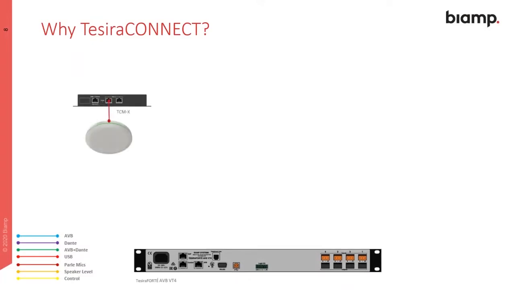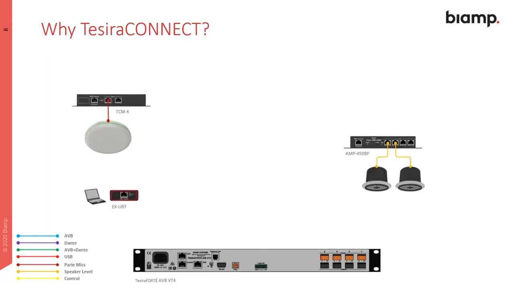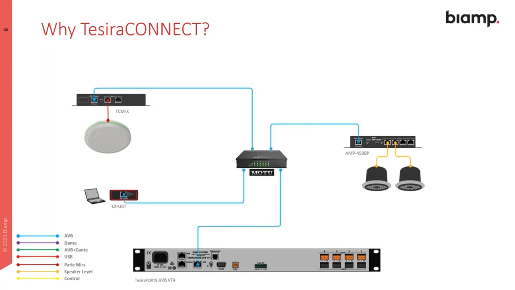For example, if you have a TCM-X, an EX-UBT, an AMP 450 BP, you will need, for example, a third-party AVB switch, and because this switch does not support PoE+, you will need to buy some PoE injectors, adding them to the system.